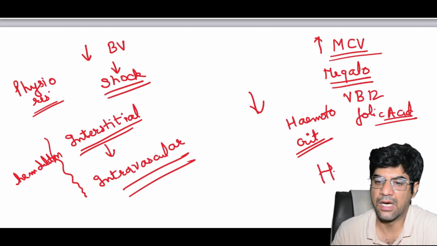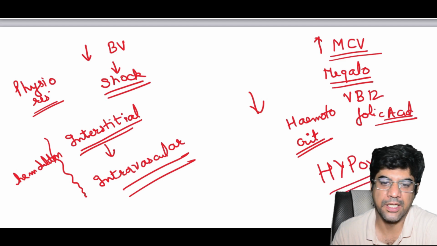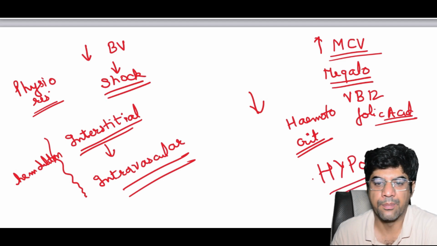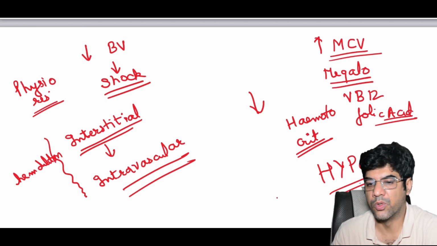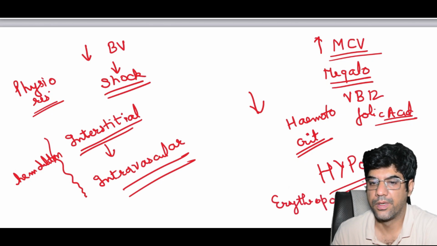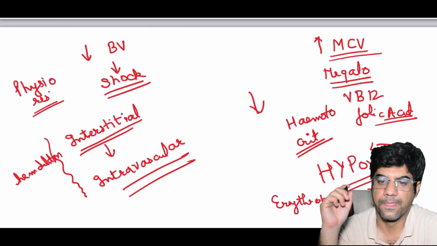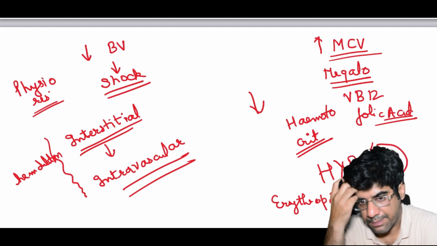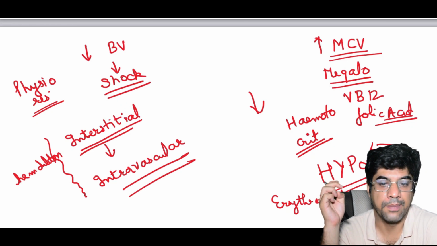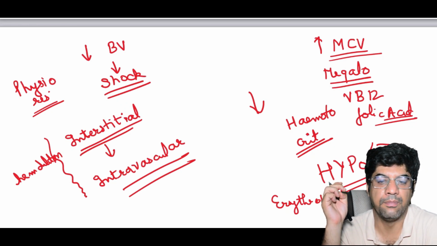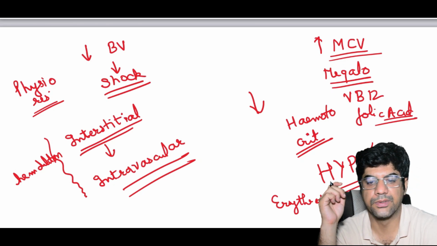Apart from that, you will see hypoxia, which means reduced oxygen level in the tissues. That would stimulate the production of erythropoietin, a hormone that promotes increased red blood cell production in the bone marrow.